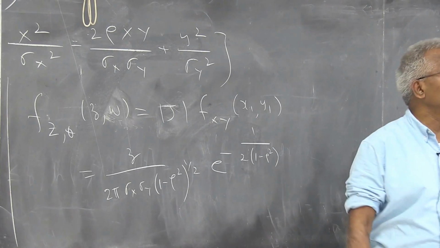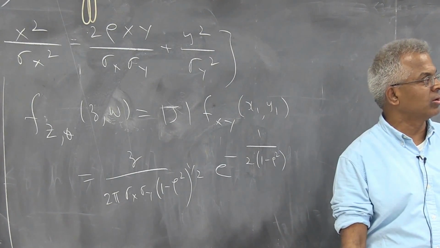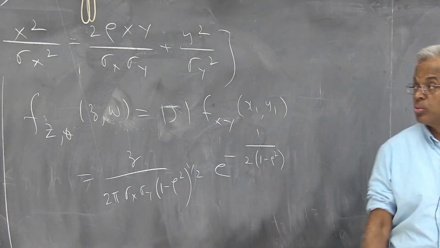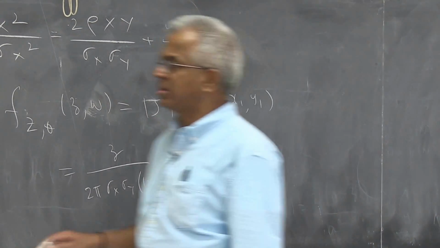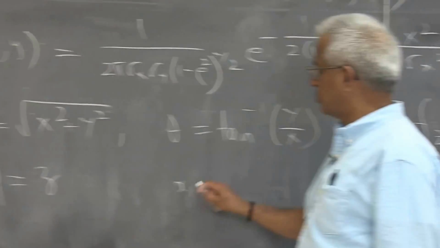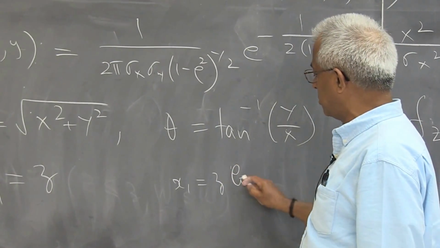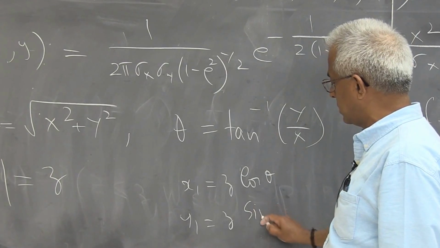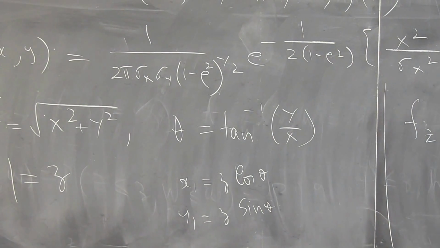So x1 we have before, right? X1 is z cos theta, and y1 is z sin theta. Remember the two solutions are here, and everything is the same. So let me substitute for x and y.